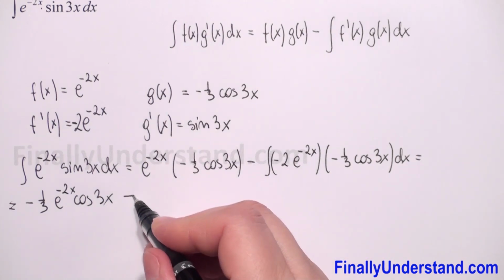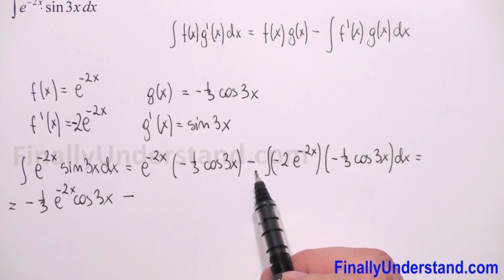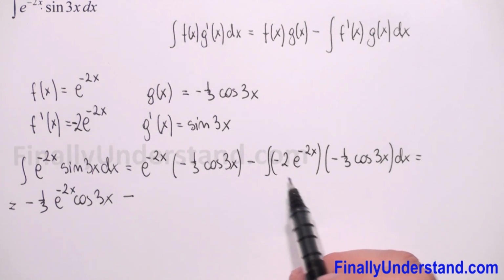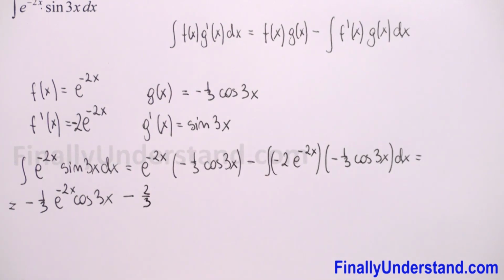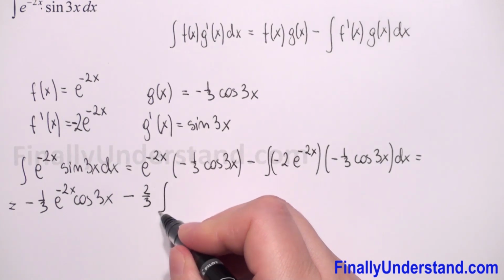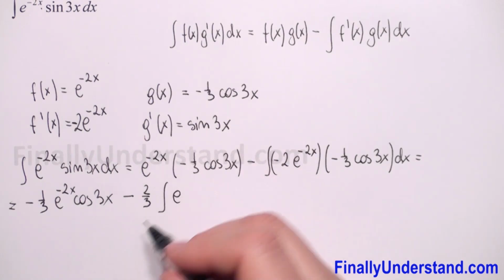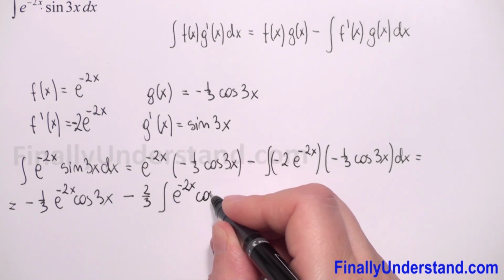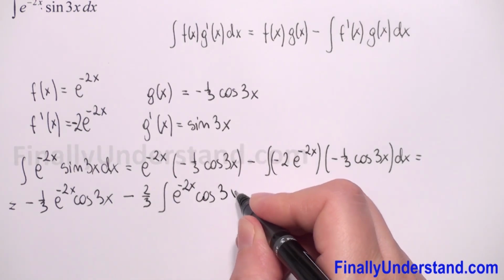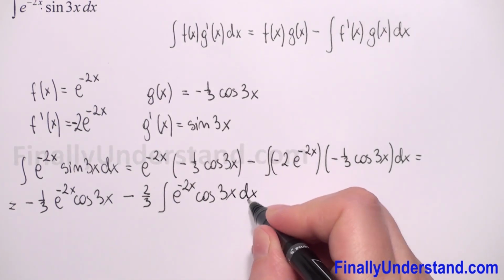So we have to put just negative 1. And we have 2 times 1/3 is 2 over 3. And we will copy the integral of e to power negative 2x cosine of 3x with respect to x.